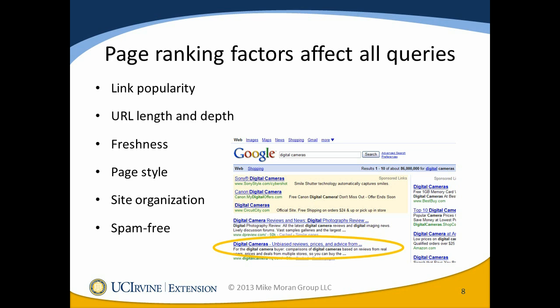So let's look at some examples of page ranking factors. We already used link popularity as one of them. So we talked about how if you have links to a page, that makes the page seem like it's higher quality. Another page ranking factor is the length and the depth of a URL. So URLs that are shorter and that have fewer directory names in them.